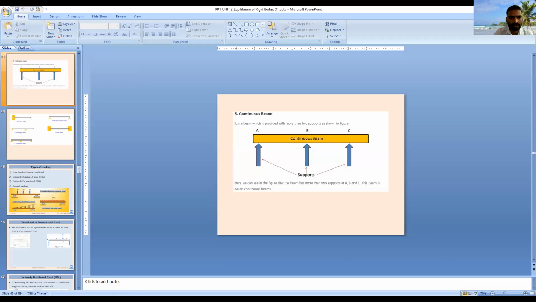What is remaining in the syllabus? Equilibrium of coplanar forces we have seen. Analytical and graphical are not there, just a definition. Different types of supports, free body diagrams, and Lami's theorem we have completed.